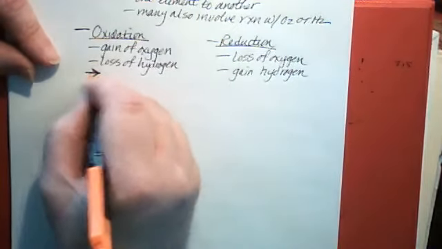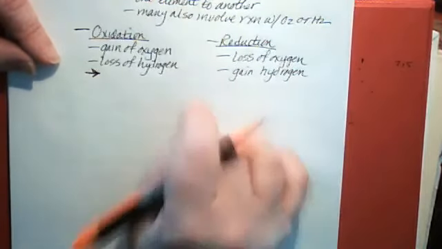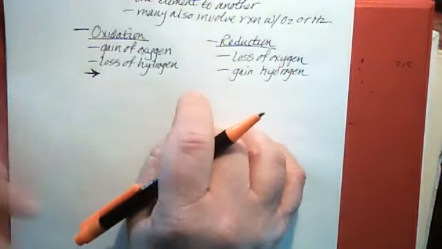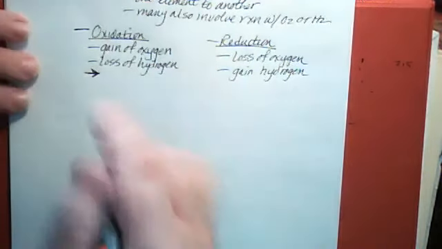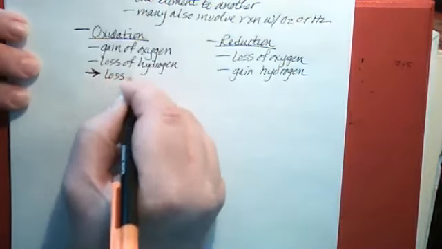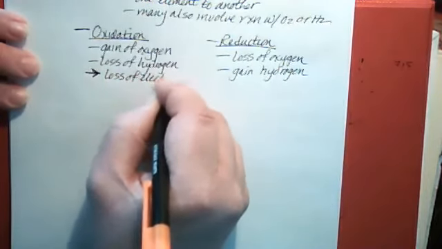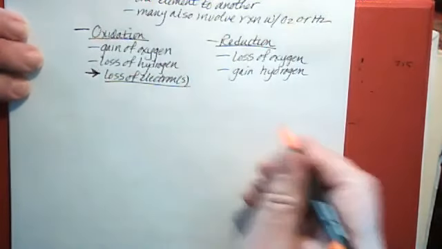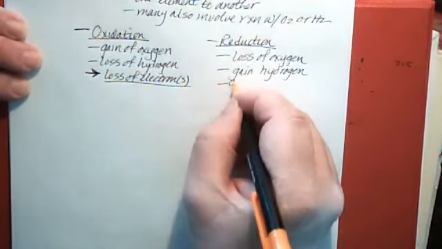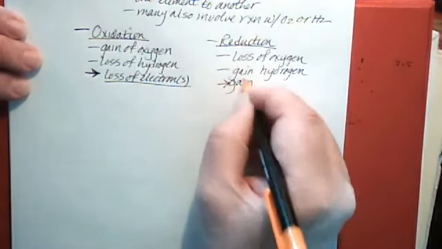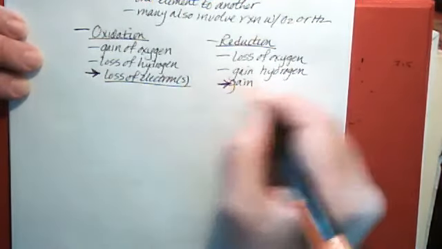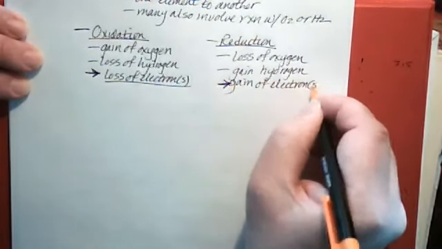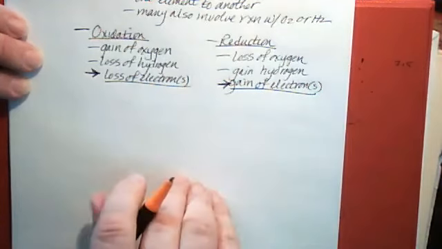The most important definition is the most modern definition, and it's the one that is sort of broadest, the most universal. That involves electrons. Loss of electrons is oxidation. And gain of electrons is reduction.